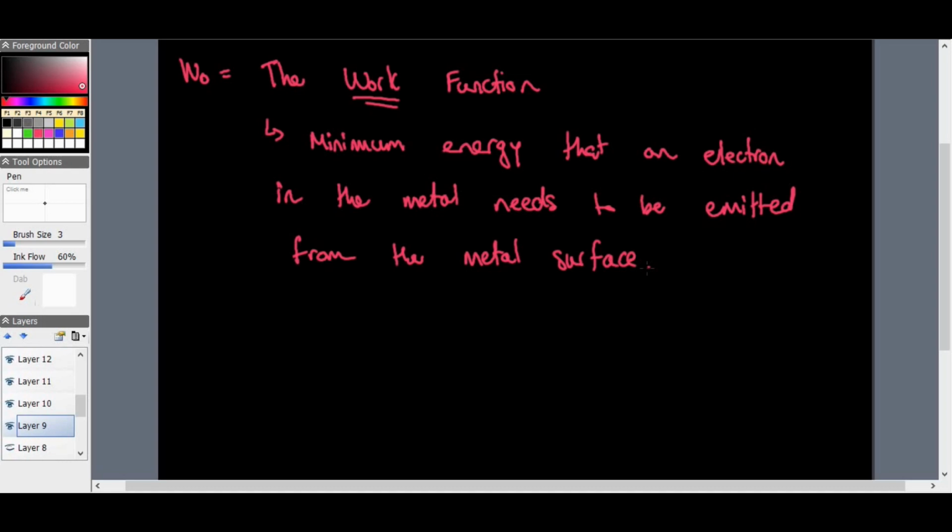Alright, that's the work function. Now each metal has its own unique work function. I'm not going to give you all those lists right now.